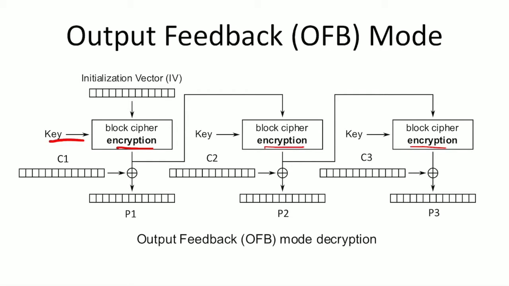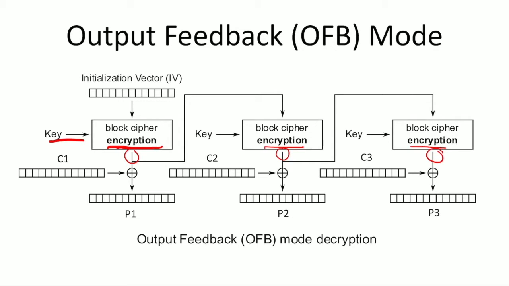And that is one of the reasons why we need to again use block cipher in encryption mode and not decryption mode, because we want to generate the same key blocks at the receiver end as well. Because we're not really using block cipher here for encryption or decryption, we are just using it to give us some new output.